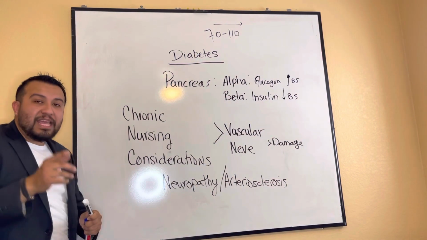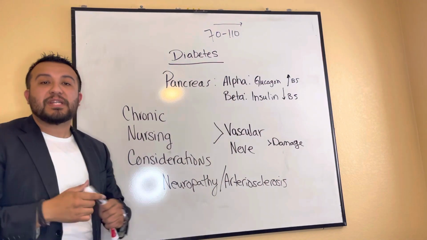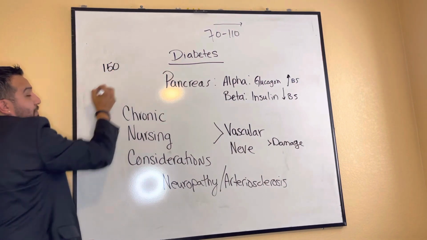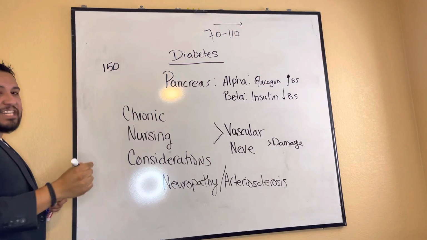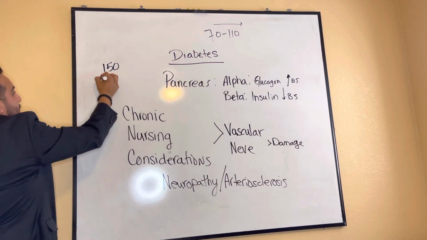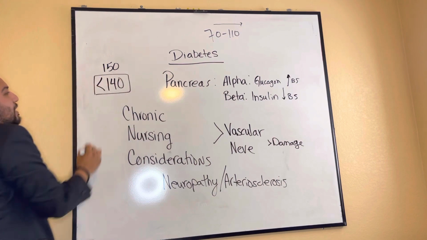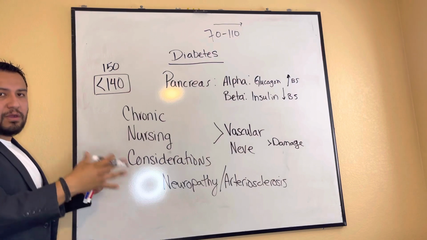Now, if you guys recall being at your facilities and when you're gonna give insulin, the coverage of the sliding scale generally doesn't begin until you have a glucose level of about 150, correct? That's because according to theory, as long as the blood sugar is less than 140, there's a low likelihood of the patient developing any chronic, any long-term issues.